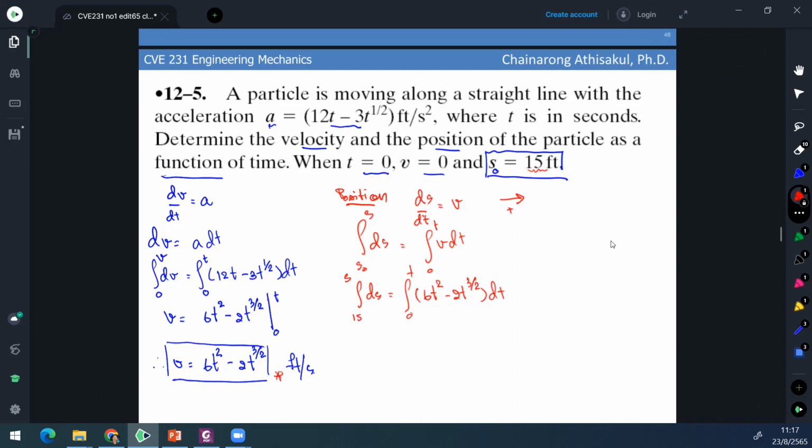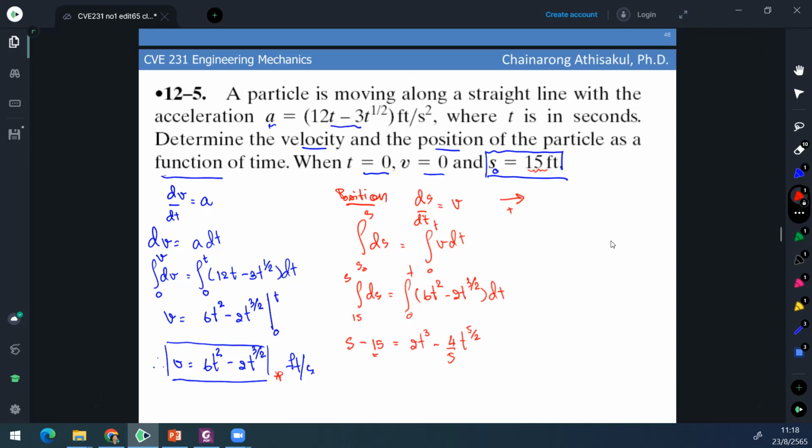So according to this, we have s minus 15. Don't forget this term. And it is equal to 2t cubed minus 4 over 5 t power 5 over 2.